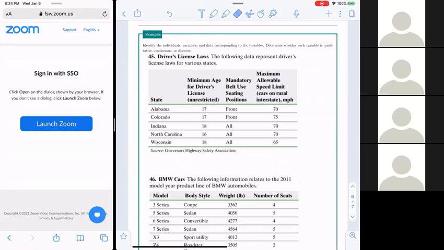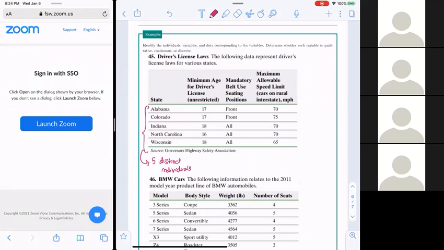We are looking at driver's license laws for various states. So we look at 5 different states. Each state would become an individual.